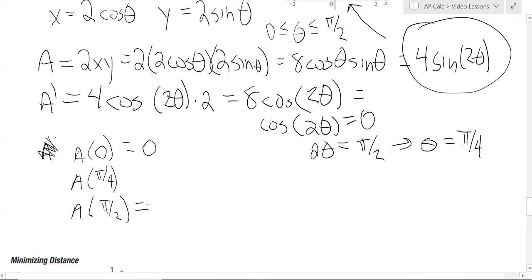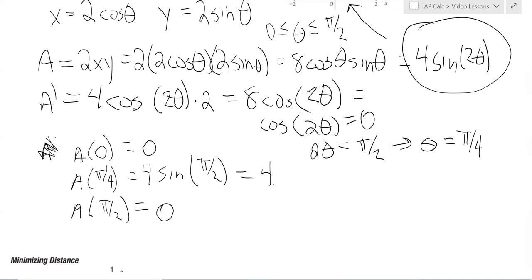Sine of pi over 2, well, it's 2 times pi over 2, which is pi. Sine of pi is also 0. And then when you plug in pi over 4, you get 4 sine of 2 times pi over 4, which is pi over 2. Sine of pi over 2 is 1, so you get 4. And again, the area is maximized when the area is 4. And so again, the length is going to end up being 2 root 2, and the height is going to be root 2 here.